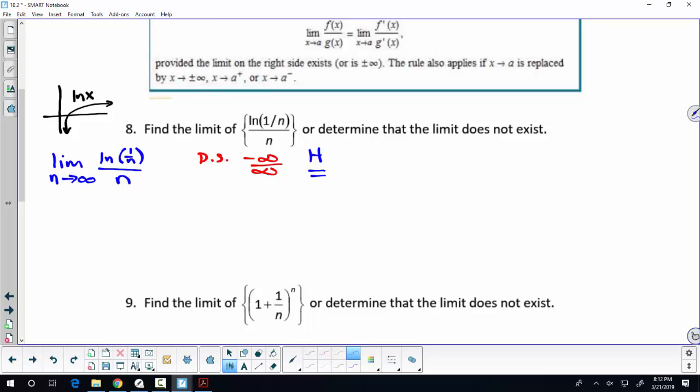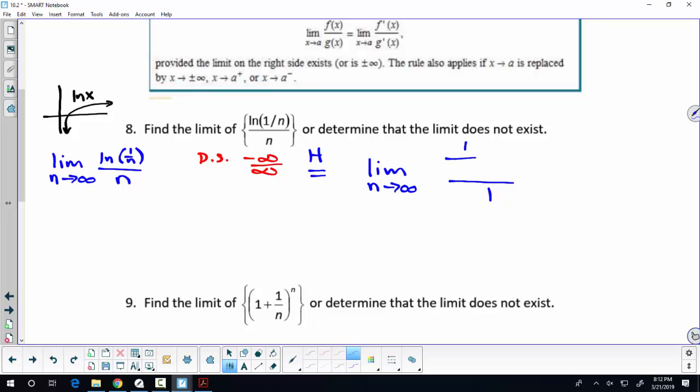We take the derivative of the top divided by the derivative of the bottom. So what's the derivative of ln of 1 over n? The derivative of natural log of something is 1 over the argument.